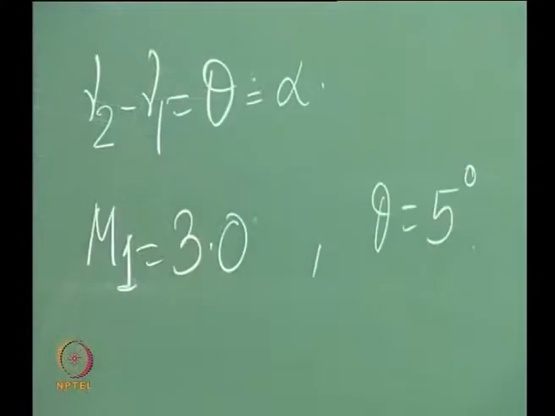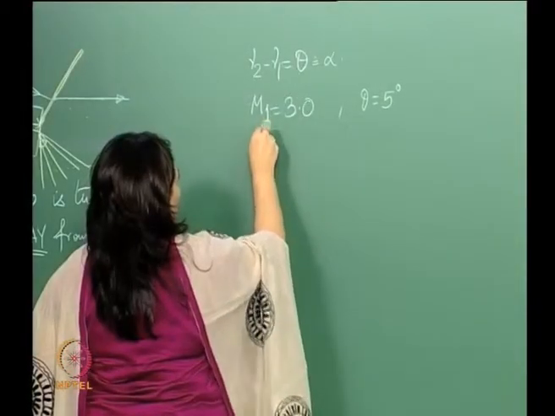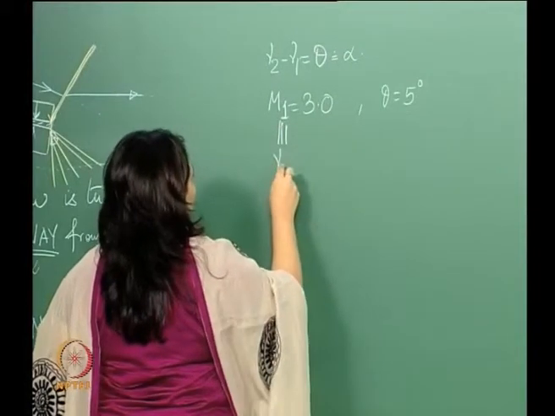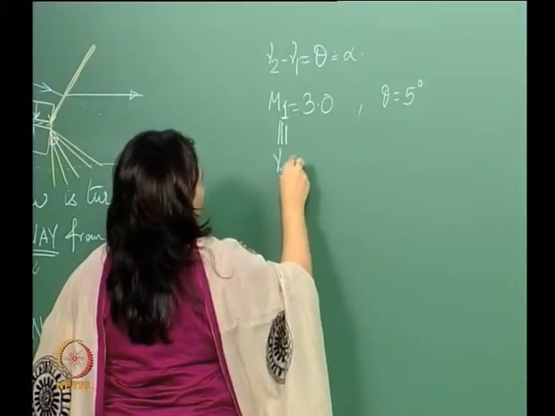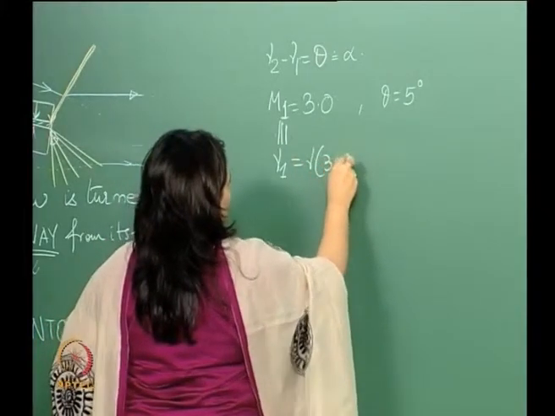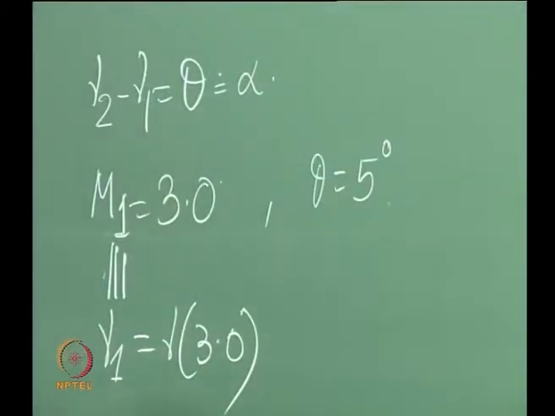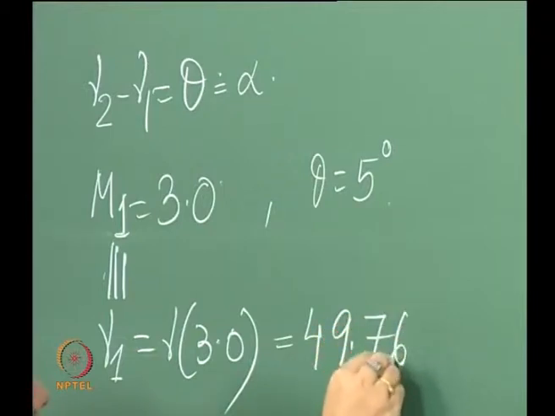So when we look up the Prandtl-Meyer function tables corresponding to M 1 equal to 3, we get mu 1, which is the Prandtl-Meyer function corresponding to Mach 3, and we get that as 49 point. You should go and cross check this and make sure I've got these numbers right.